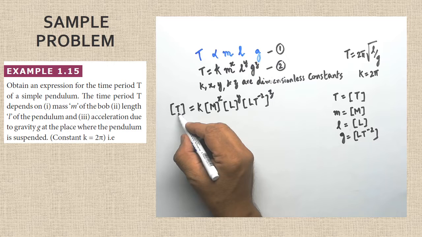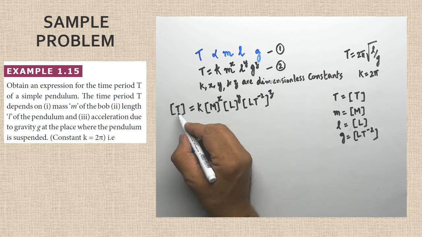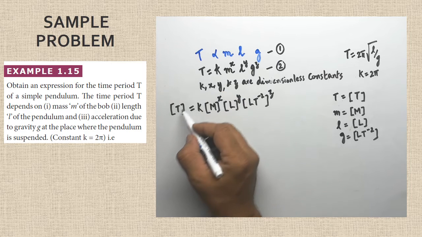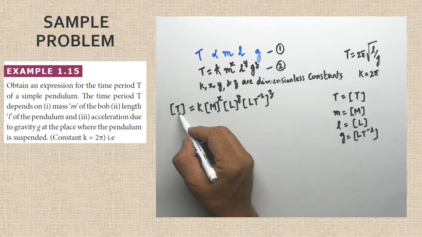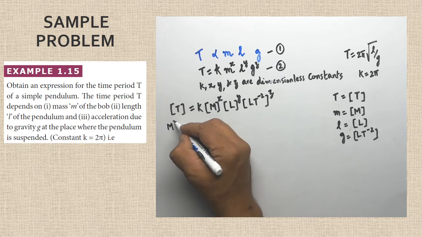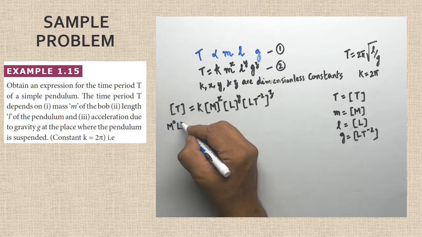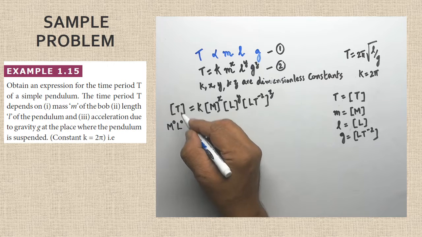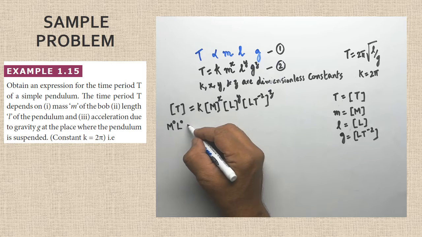Here, just for convenience, I am going to make some alterations. The time period does not depend on mass and length. Therefore, since it is not depending on mass and length, we can write it as M power of 0, L power of 0. But the time factor alone is there.